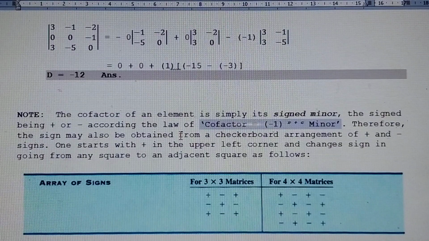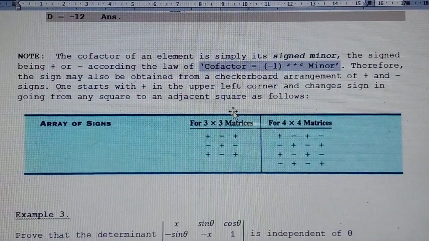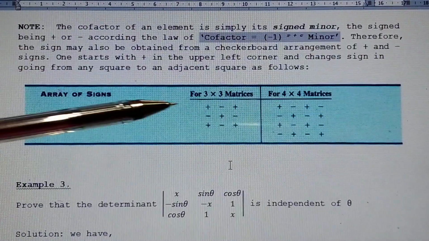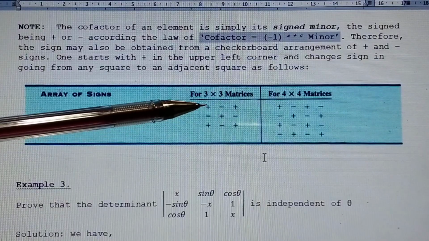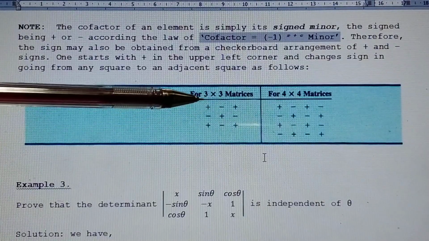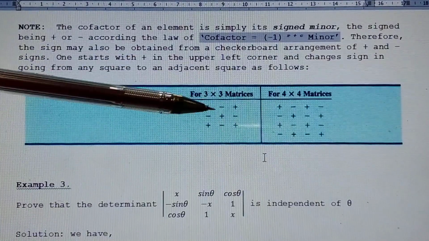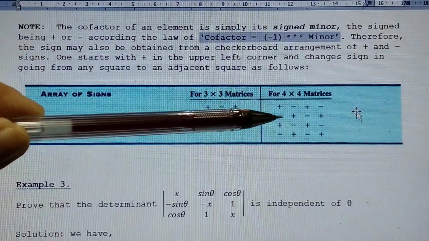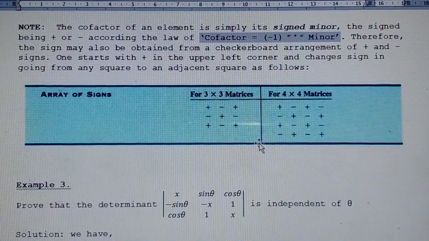Therefore, the sign may also be obtained from a checkerboard arrangement of positive and negative signs. One starts with positive at the upper left corner. For 3 by 3, just follow this. The upper left corner of the first row is always positive, then alternating, so you won't get confused. This is the 4 by 4 matrix.